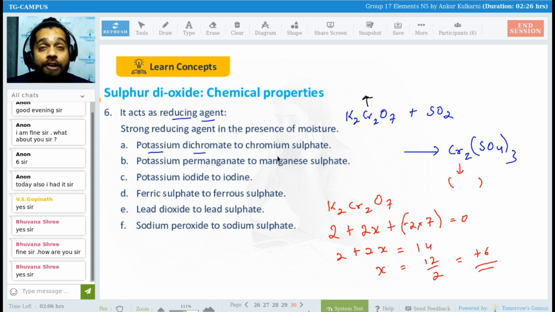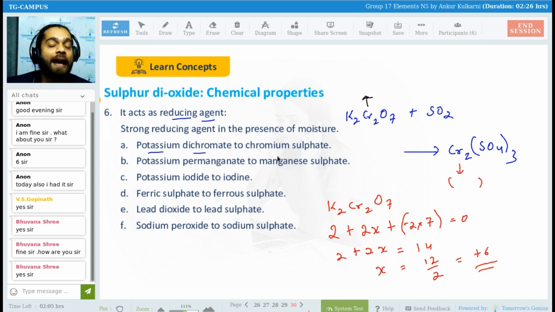Oxidation state means the charge on that atom. Can any element go up to plus 12? Is it even possible? Did you ever see charge plus 12? We have seen plus 2, plus 3, plus 1. Ah, right hand side chromium. Good save.